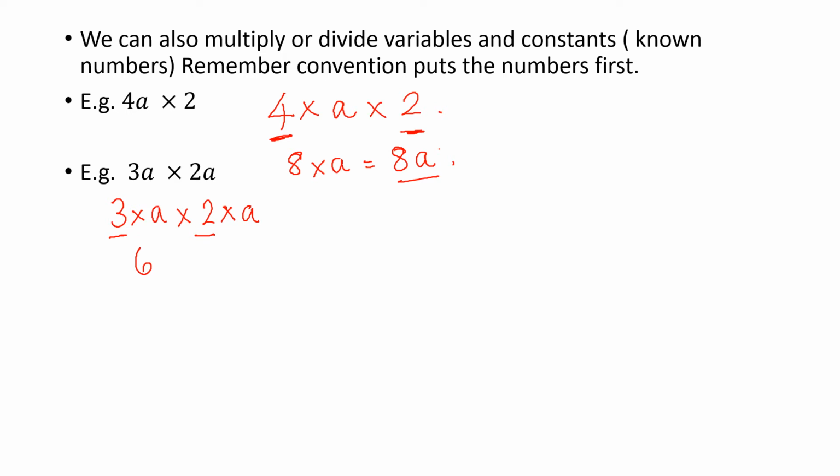And now we've got a times a. Now we need to be careful here. A times a is the same as saying a squared. So a times a is a squared. So we are left with 6a squared.